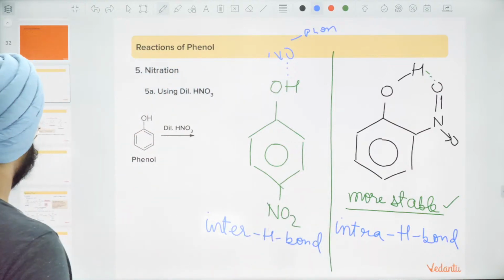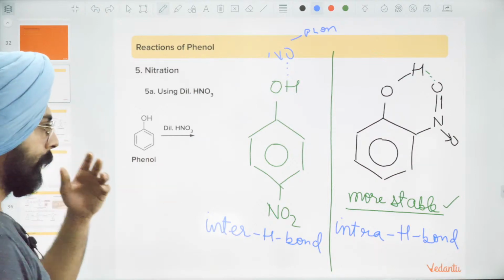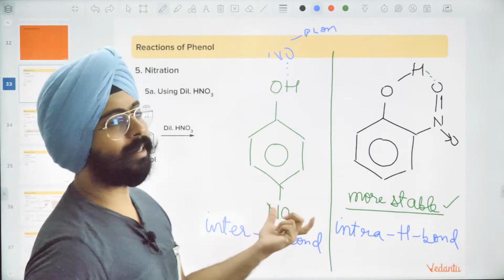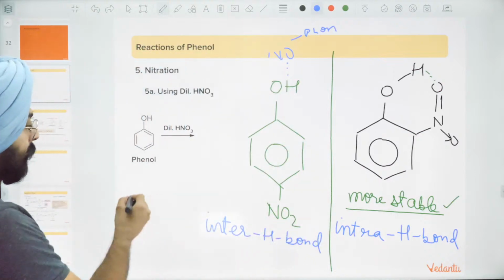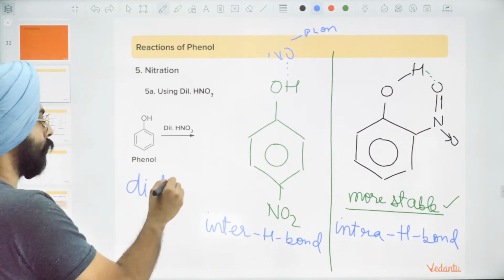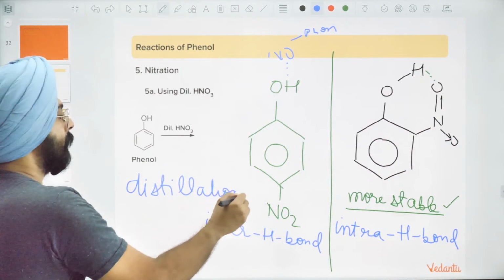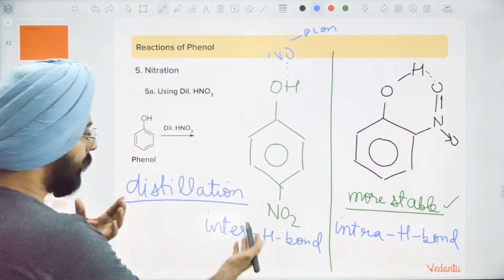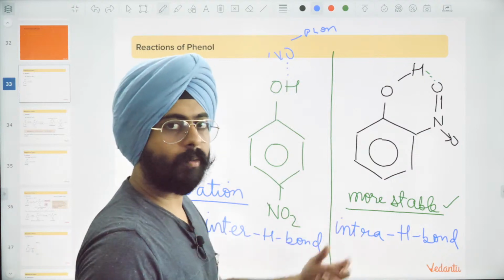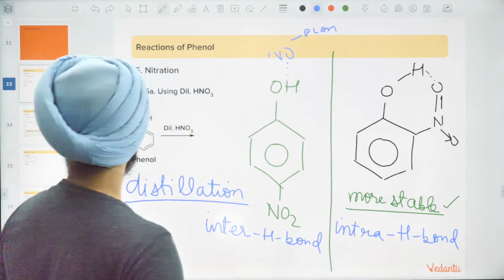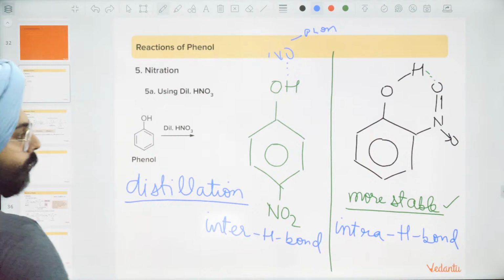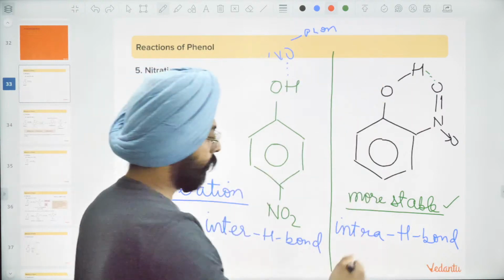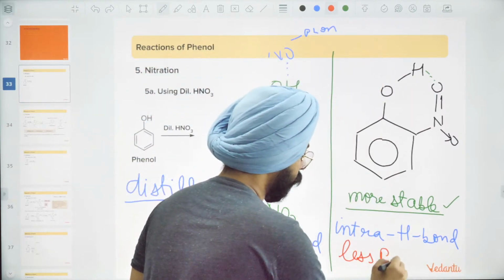Okay? So now the thing is, how do we separate these two? It's very easy. You can separate these two by distillation. We just want to do some distillation because their melting points and boiling points will be different. Because this has intramolecular hydrogen bonding, it doesn't bond with other molecules, so this will have a lower boiling point.